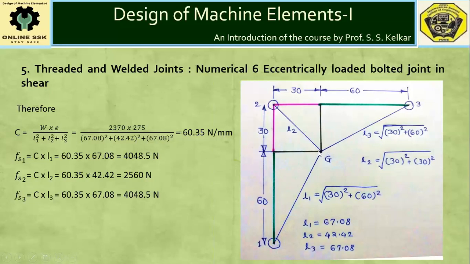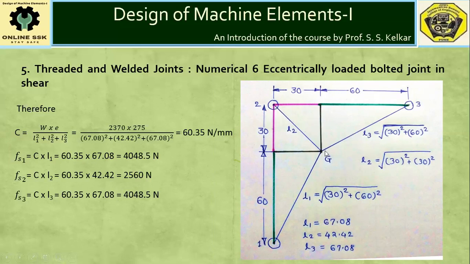As far as bolt number 3 is concerned, its distance from the CG, L3, will be equal to, in this right angle triangle, height is 30, base is 60. So hypotenuse L3 will be equal to the root of 30 square plus 60 square. So again, this value of L3 will be 67.08.